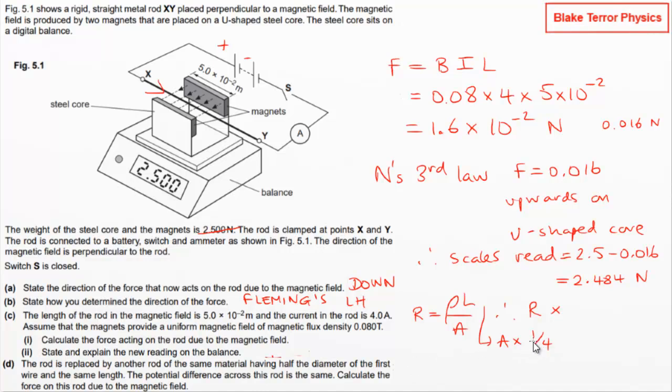So our resistance is going to be 4 times bigger, which means that our current is going to be a quarter, which means that our force is going to be times a quarter, because it's BIL and we haven't changed B or L, we've just reduced the current down. So the new force is equal to 0.016 multiplied by a quarter, which is equal to 0.004 newtons.